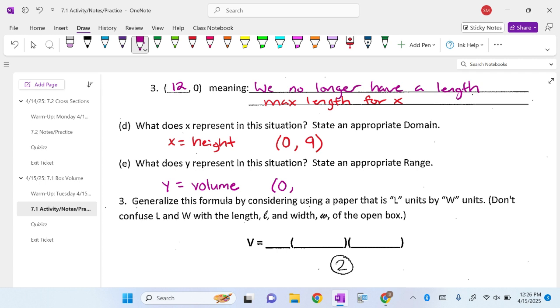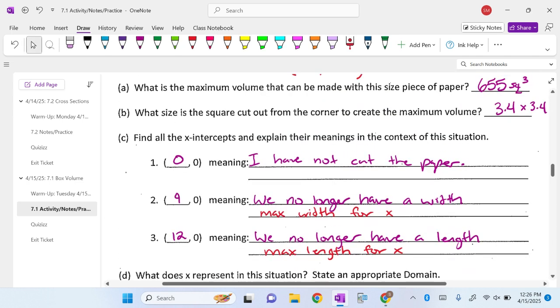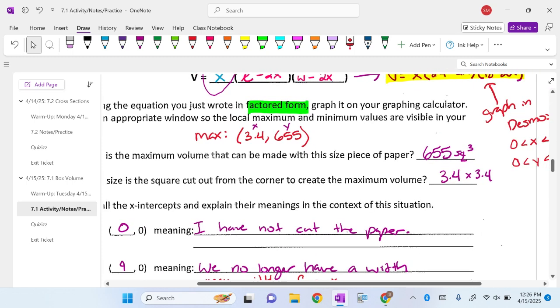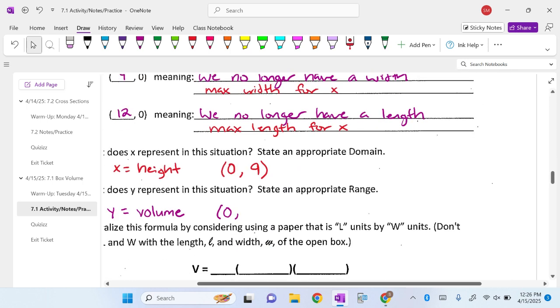But what has to be the highest? Where is it capped? So what's my highest y value? What do we say up here? 655. That's my highest y value.